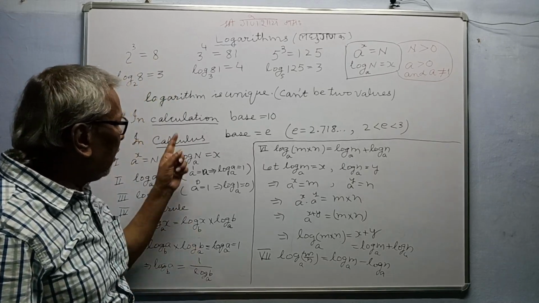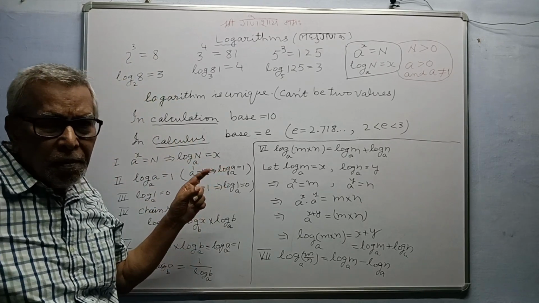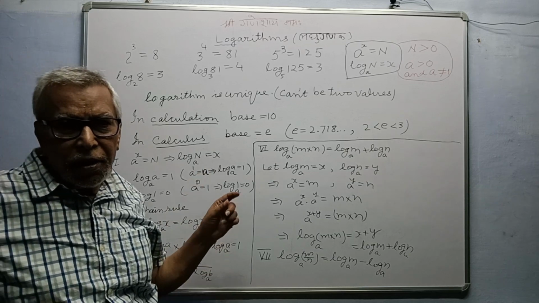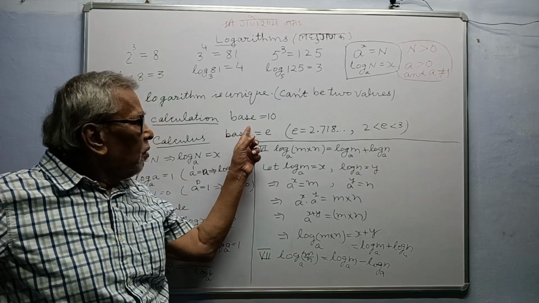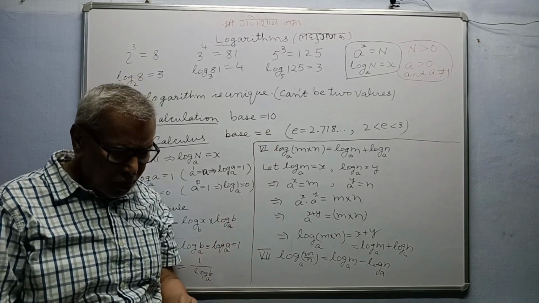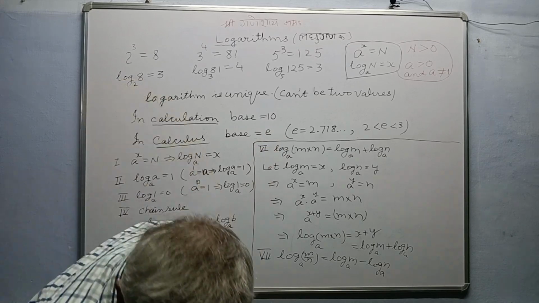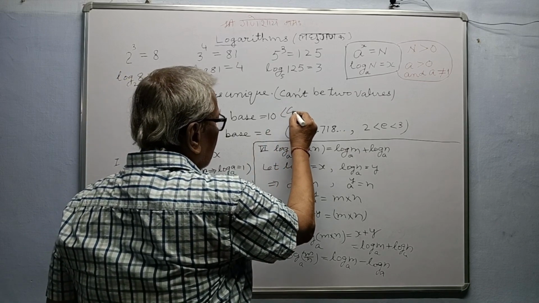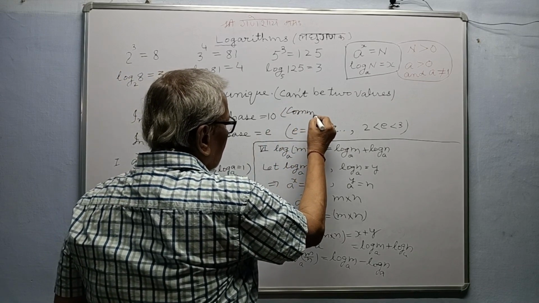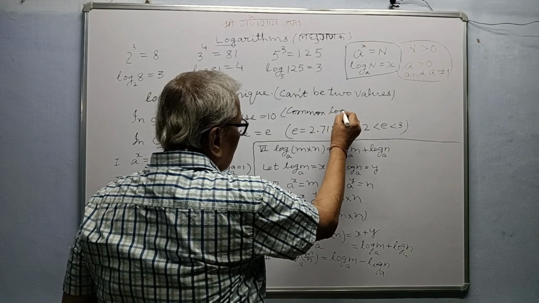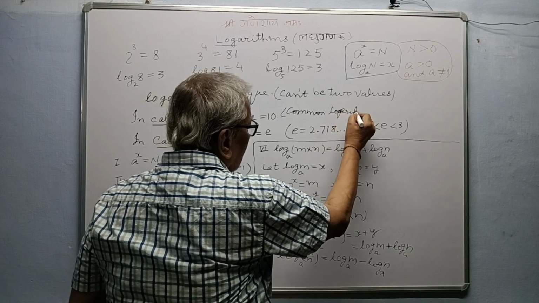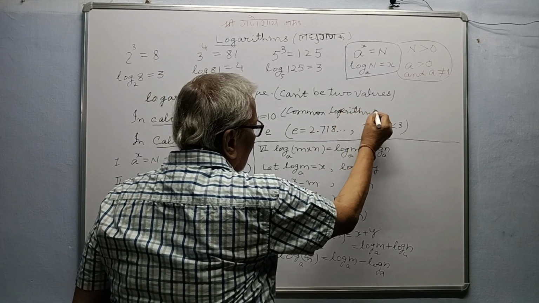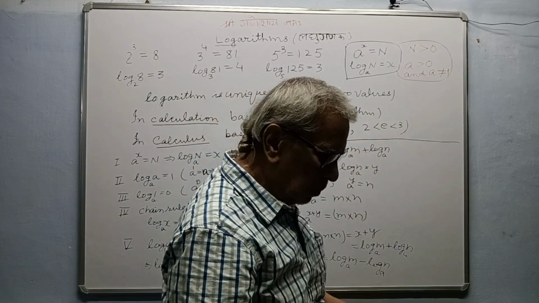Now, in calculation, base is 10, and this is known as common logarithm.